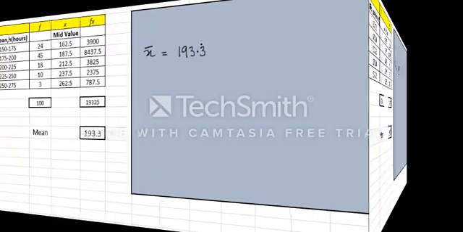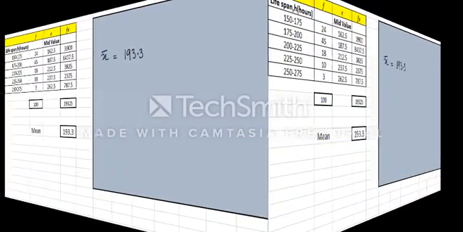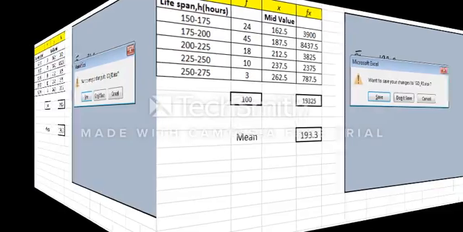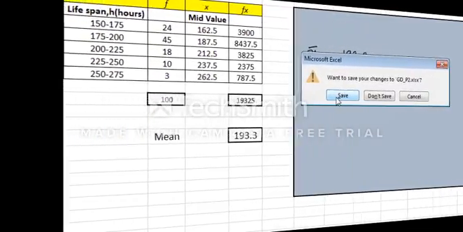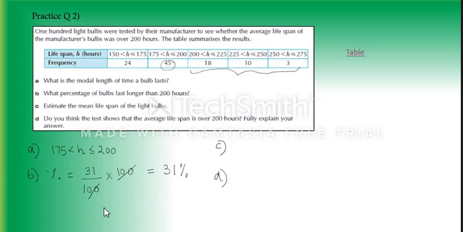Let us now go back to our main screen and tabulate this data. Alright, now that we are back to our main sheet, let us tabulate the answer that we got for part C. The mean lifespan of the bulbs came out to be equal to 193.3 hours.